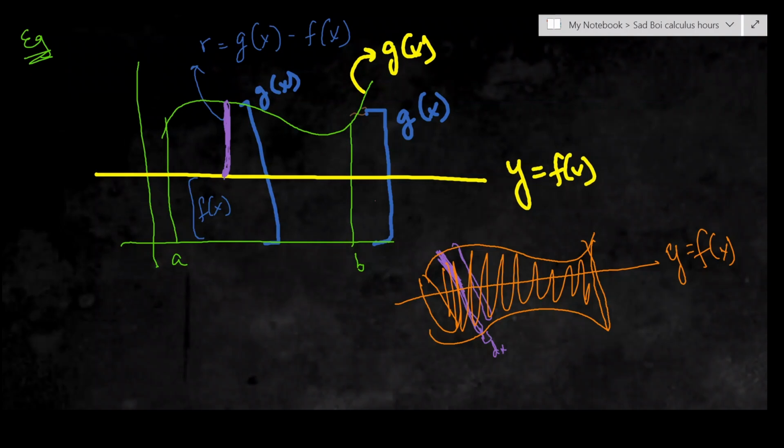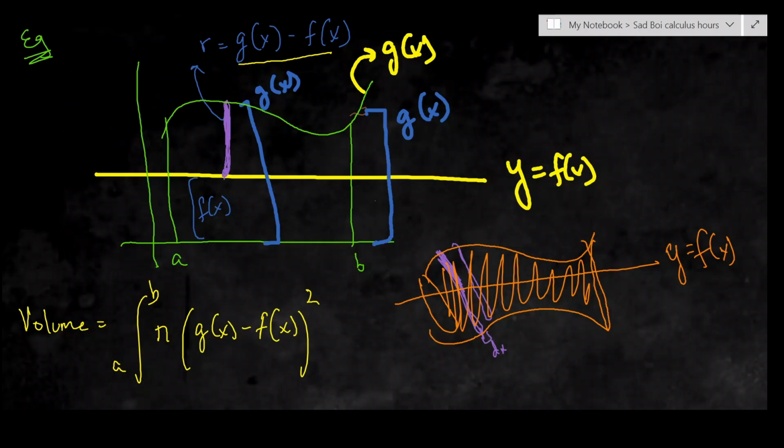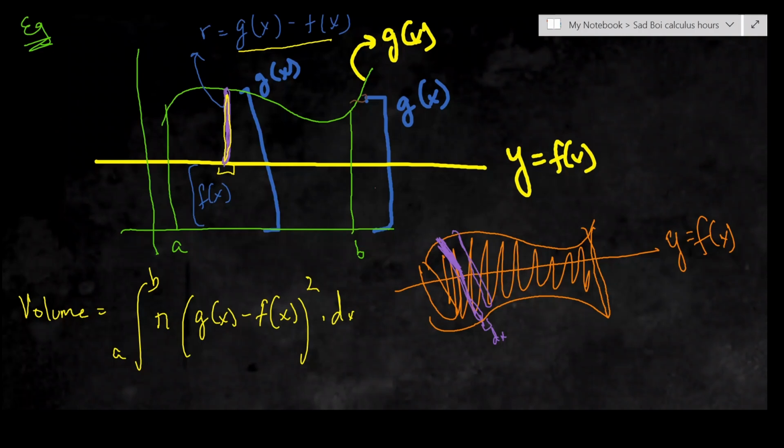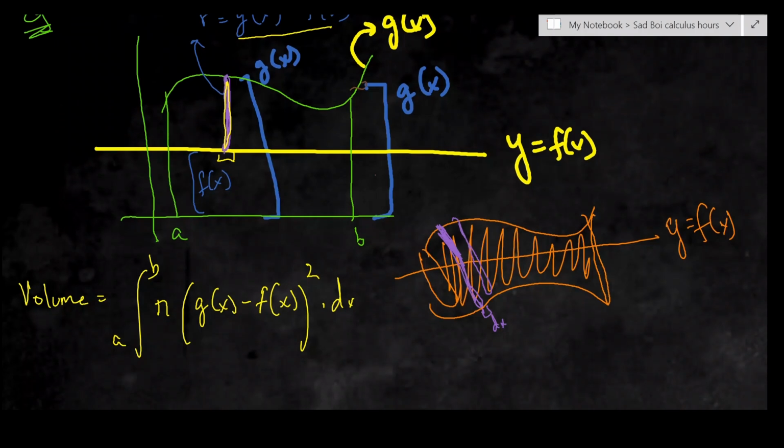Now when you've gotten the radius, you just need to put on an integral sign and substitute in the values. So the volume of revolution is going to be, from b to a, pi times radius squared, where the radius is g of x minus f of x, dx, where dx is the width of the minute segments that we've made.